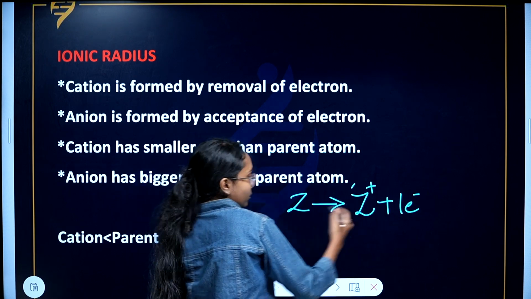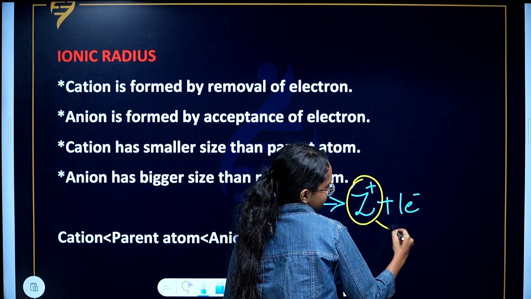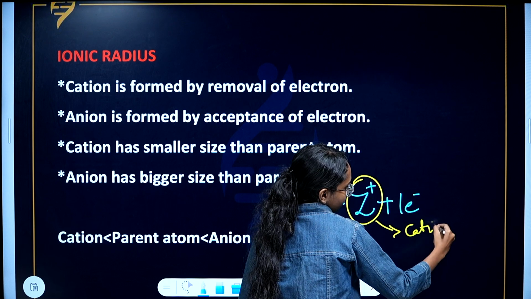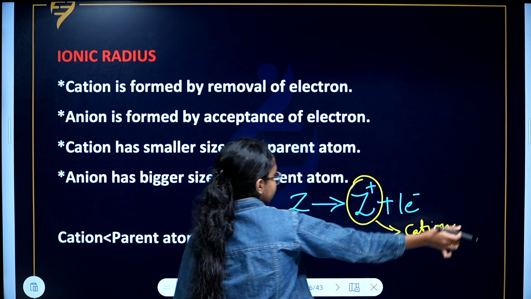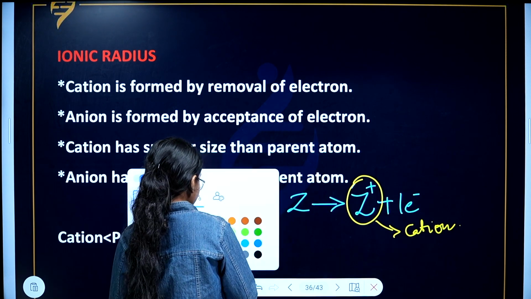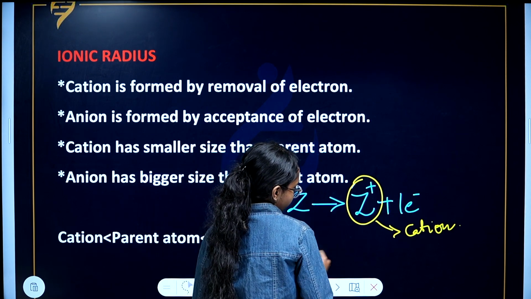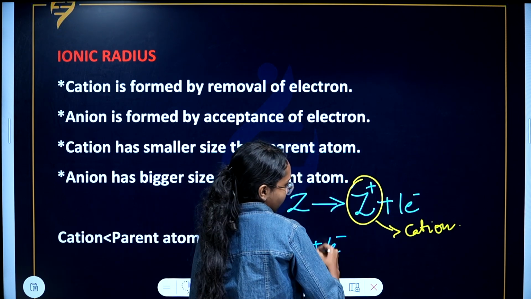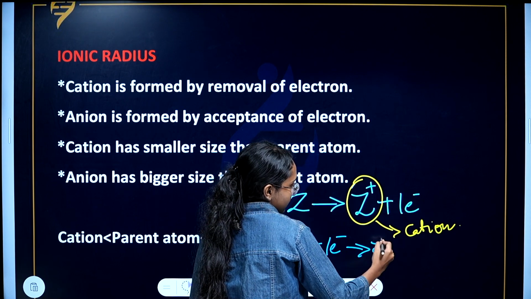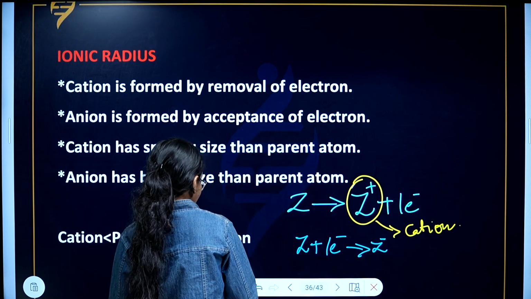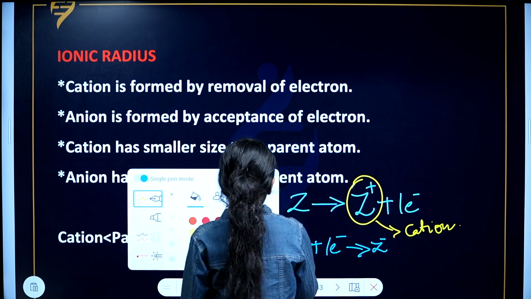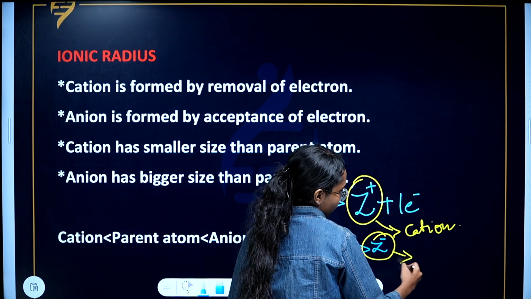This Z plus is called a cation. Now, Z, when accepting an electron, it becomes Z minus. The Z minus is known as anion.